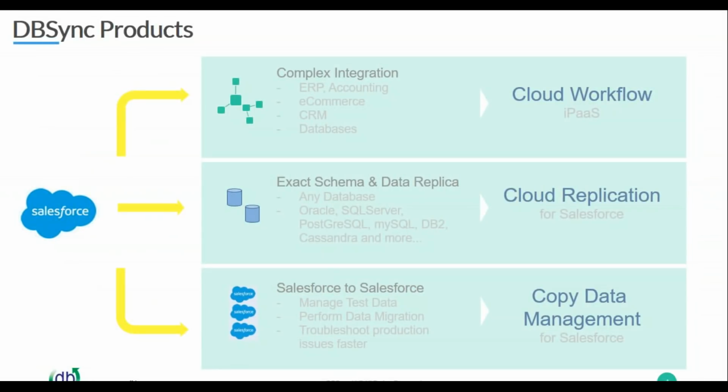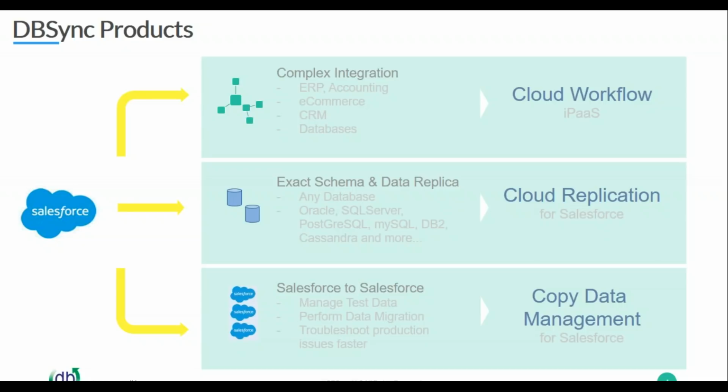All right. To give you a quick background about our product lines, we have, of course, our cloud workflow, which is our iPaaS infrastructure. We are going to look into that in more detail shortly. However, we also have two other product lines, one being cloud replication for Salesforce, which is more of a data warehousing solution to back up and archive your Salesforce data.